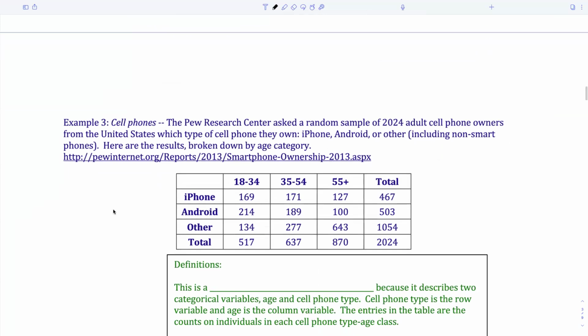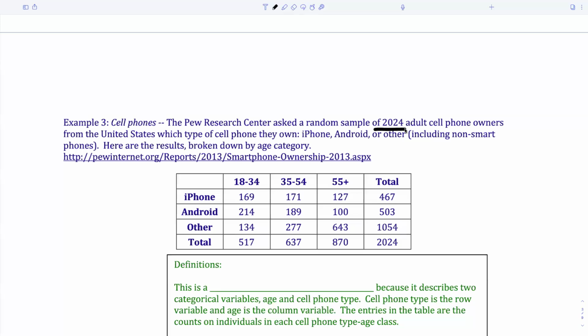All right, cell phones. The Pew Research Center asked a random sample of 2024 adult cell phone owners from the United States which type of cell phone they own: iPhone, Android, or other, including non-smartphones. Here are the results broken down by age category, okay?